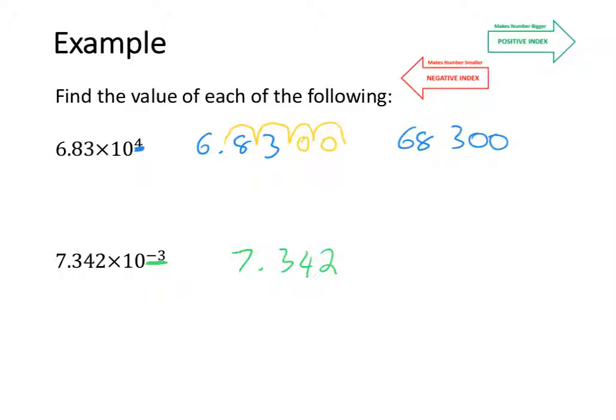So 1, 2, 3, and then fill in any empty spaces with a 0. So my number in ordinary form is going to be 0.007342. So I've made the number a lot smaller when I convert it from scientific notation.